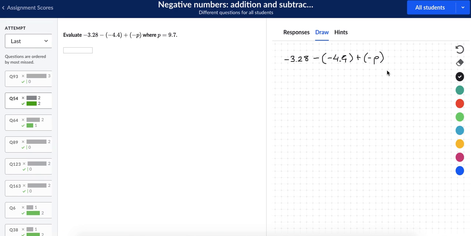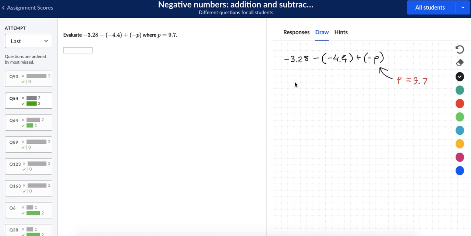And we're being told that p is equal to 9.7. So we're going to rewrite this with p equals 9.7.